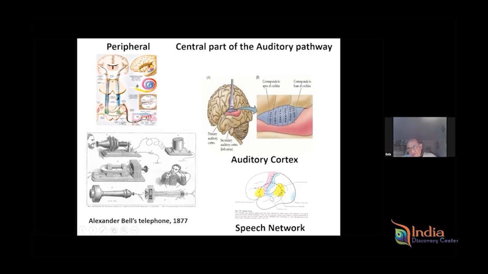The circle is probably, we can say, the primary auditory cortex, the secondary auditory cortex, the Wernicke area, and the sensory cortex, and the efferent side is the Broca area, the motor cortex, which is connected with the motor and the sensory cortex as well.